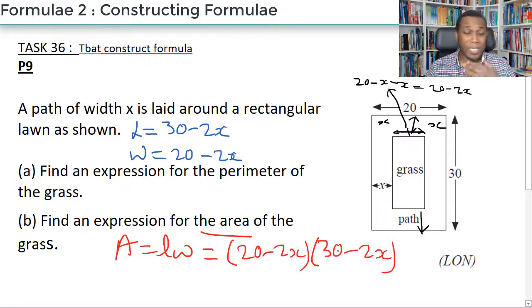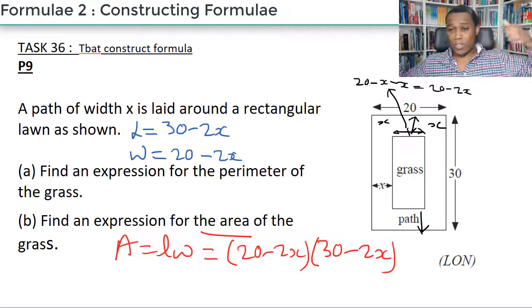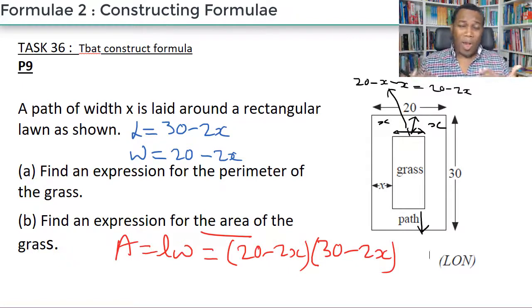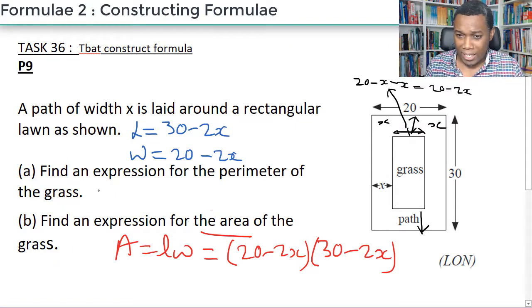The order we put them in doesn't matter, but that's the answer. The perimeter requires a bit more work. That's why I left it for last, because I have to do the adding. For the perimeter, we're doing 20 take away 2x plus 20 take away 2x plus 30 take away 2x.